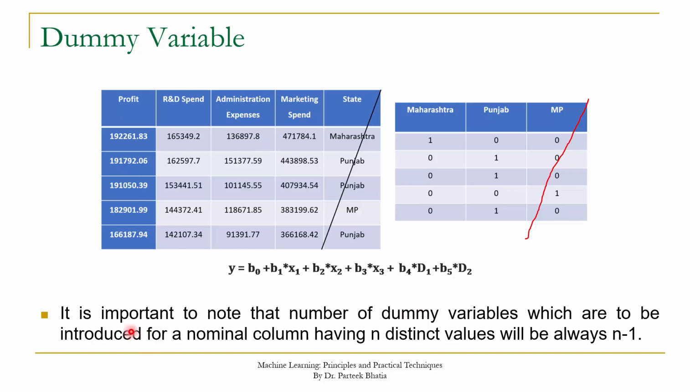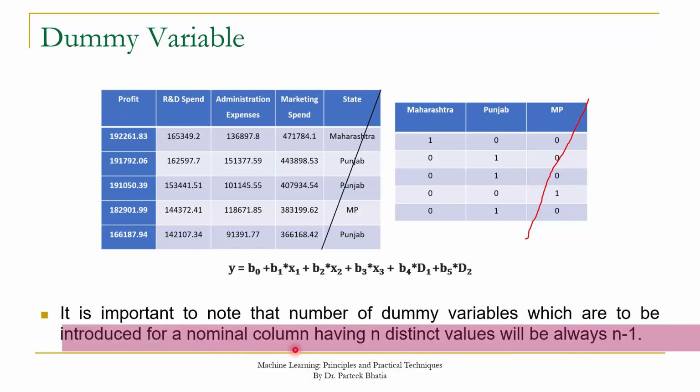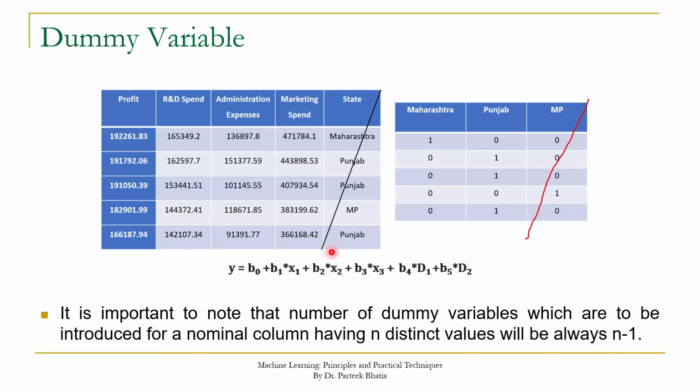So we can finally conclude that the number of dummy variables which are to be introduced for a nominal column having n distinct values will always be n minus 1. So this is important. If a nominal column has n distinct values, we need to introduce only n minus 1 dummy variables for that situation. In this case, column state has three distinct values. We need to introduce only n minus 1, that is 3 minus 1, which is 2 dummy variables.